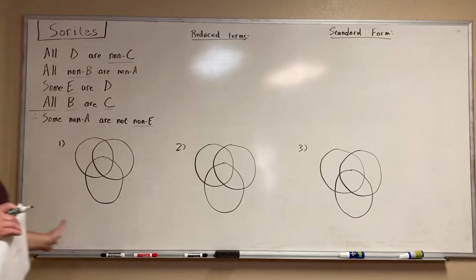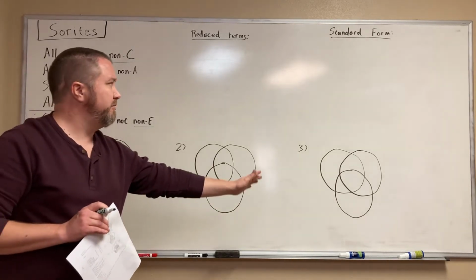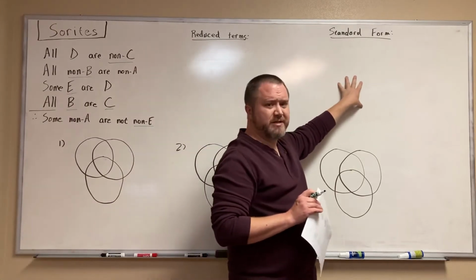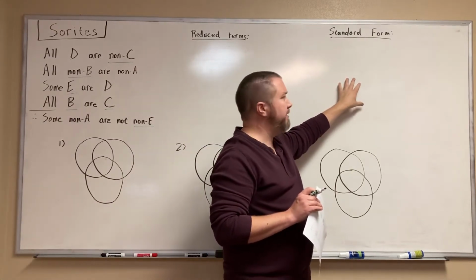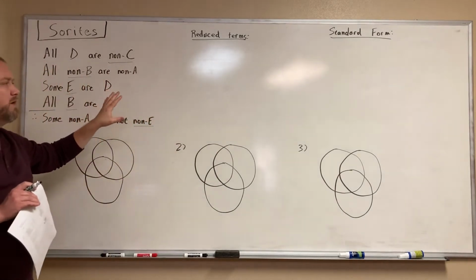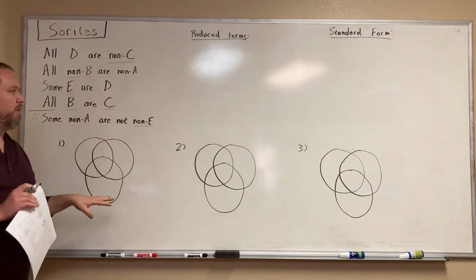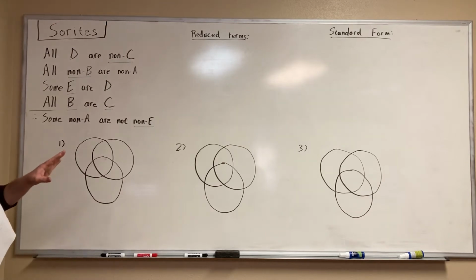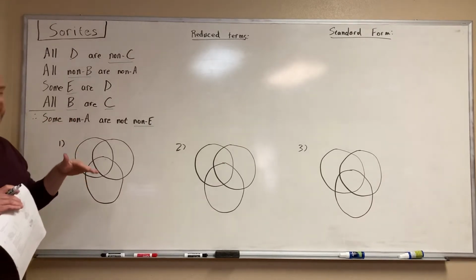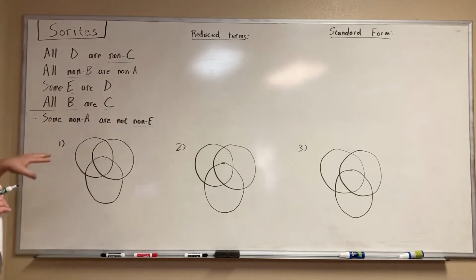So after watching this video, if you end up with the same conclusion, but the terms you've used look a little bit different, and you're not sure if you've used the immediate inferences correctly, just shoot me an email or ask me in class, and I'll check through your immediate inferences. So there may be several different ways to do this, but this is the one I've got.